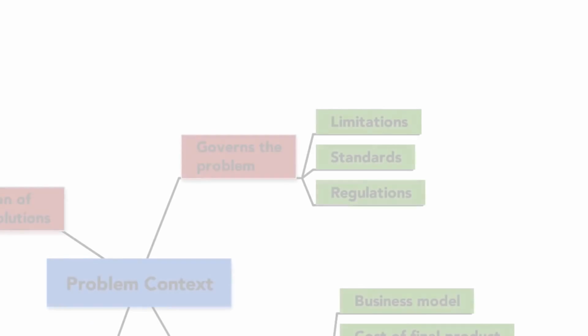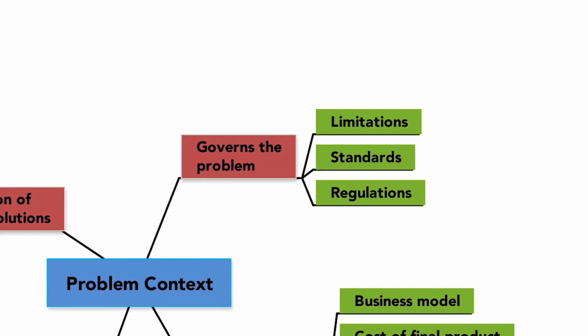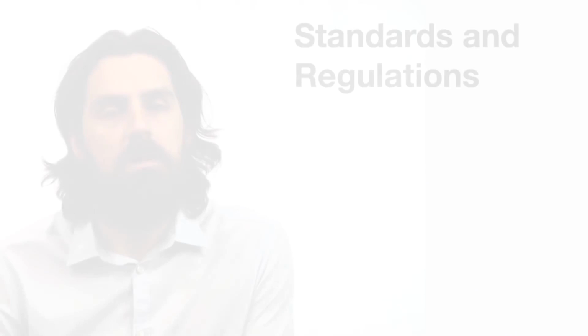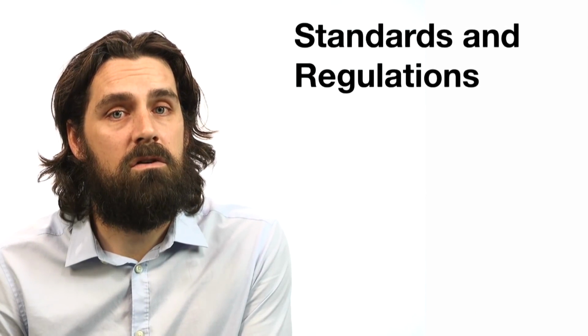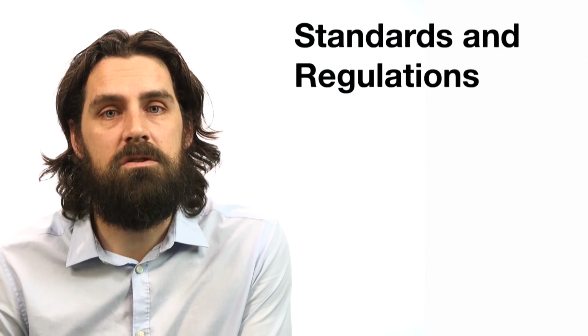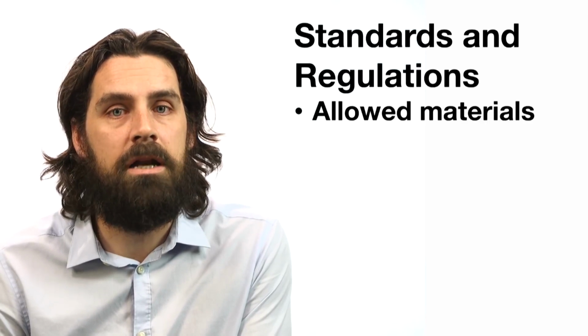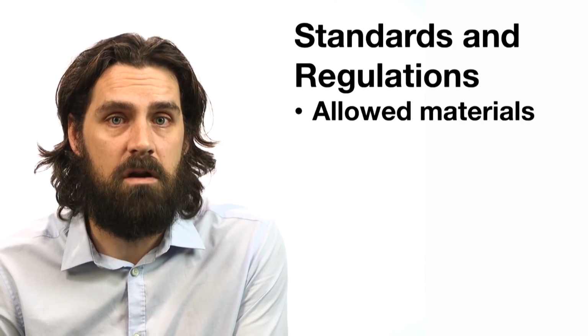The next category of information that we need to discover for our design context review has to do with what impacts the solution. And for our water bottle and for other design problems, what this often means are standards and regulations. Some standards and regulations which may govern the design of our water bottle could have to do with what materials we are and are not allowed to manufacture the water bottle from.